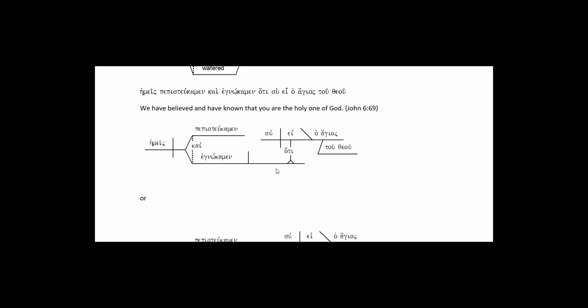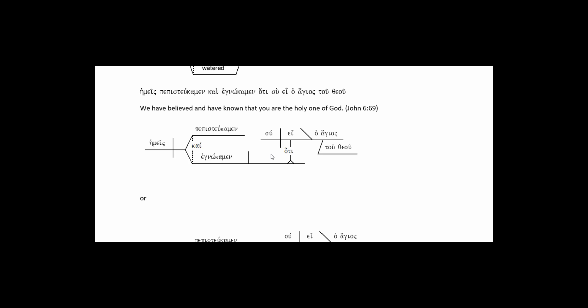Now look what I've done here. I've only decided in this diagram that this clause, you are the Holy One of God, is the object of the verb egnokamen, we have known. So this diagram is saying we've done a couple of things. Number one, we have believed, period. Number two, we have known this, that you are the Holy One of God.